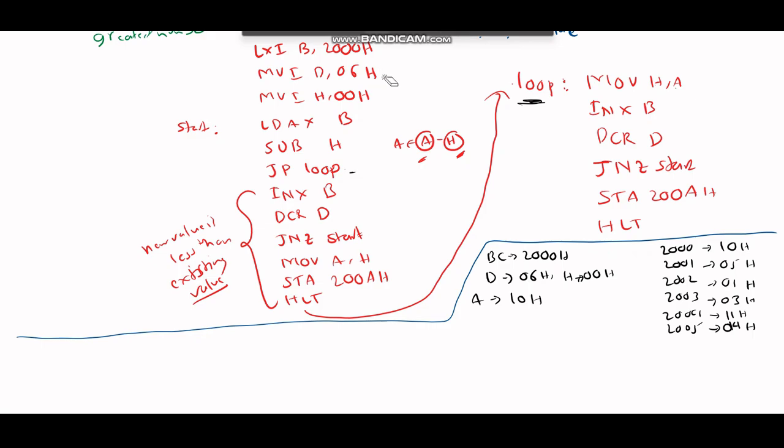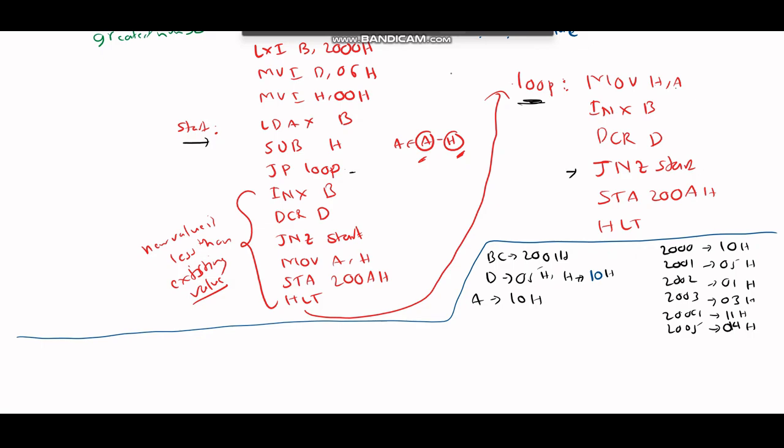Then we increase our address, which means 2000 becomes 2001, and then we decrease our counter. 06 now becomes 05, and we check if this value 05 is non-zero. Of course it is non-zero, so we go to this tag start here.